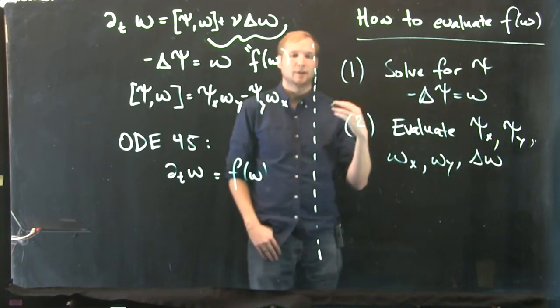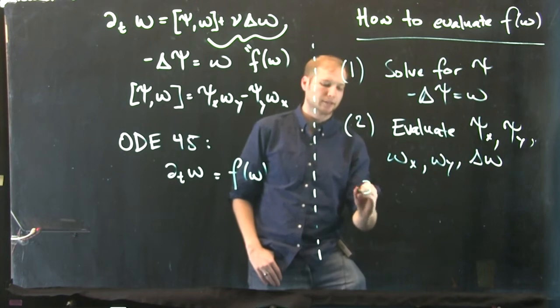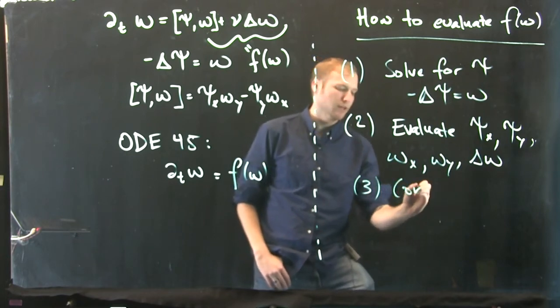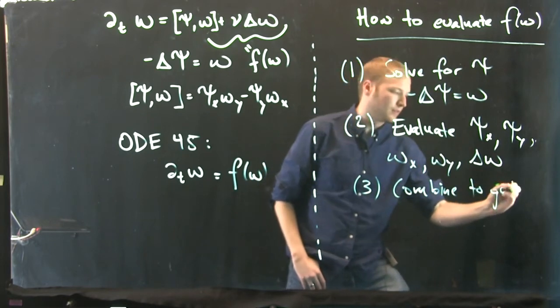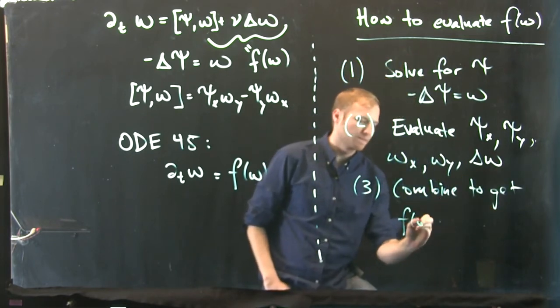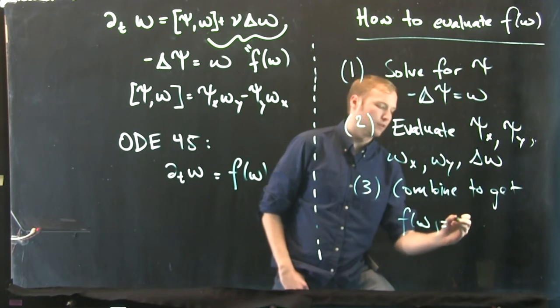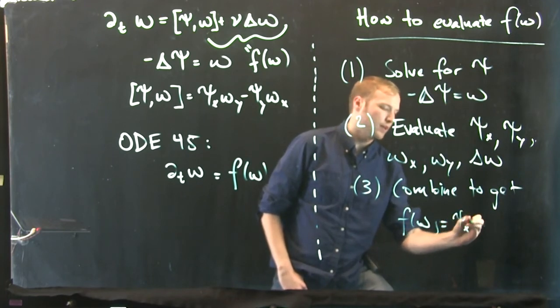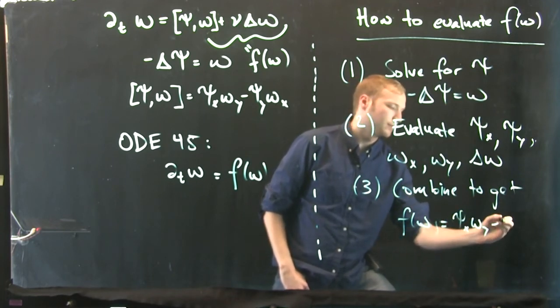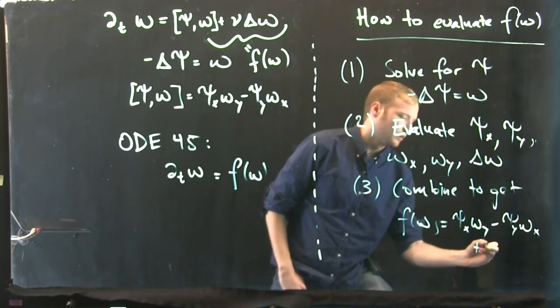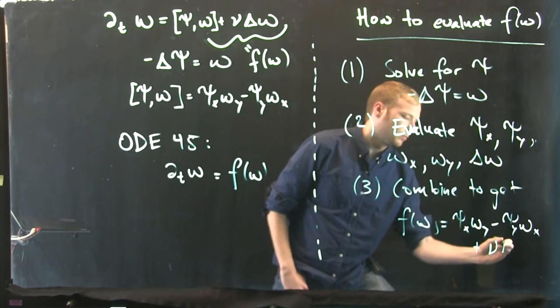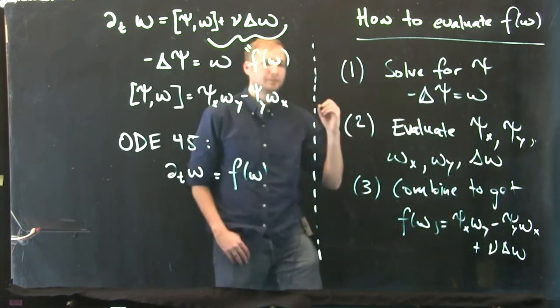Okay. And then the final step is just to combine these to get f of omega equals psi x omega y minus psi y omega x plus nu Laplacian omega.